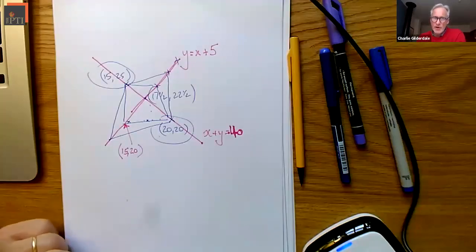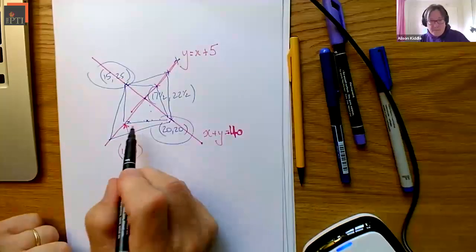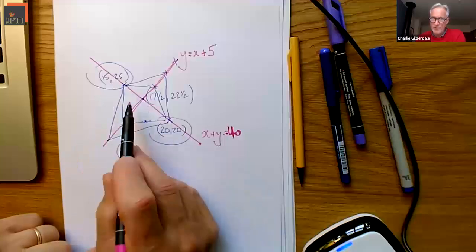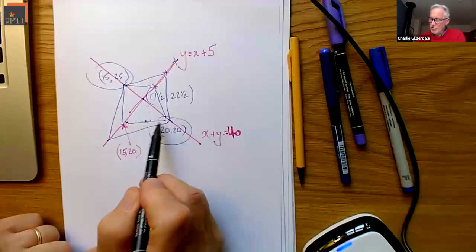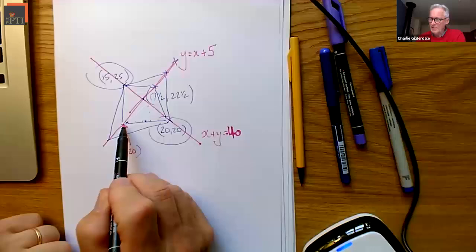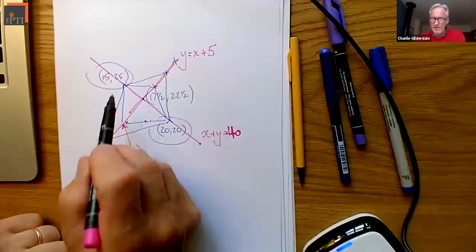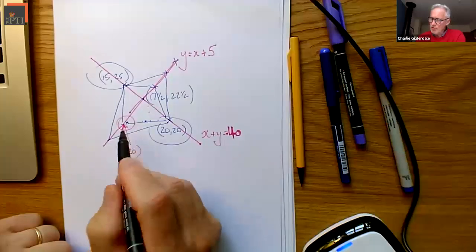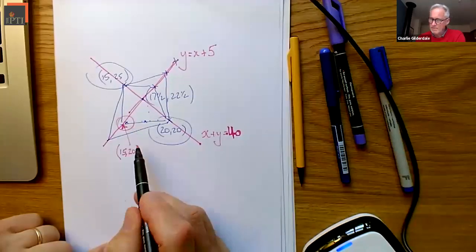Before we do that, Alison, when we were trying to picture where 15, 25 went, I think you talked about going across 5 to the left and then 5 up. And so we sort of knew the coordinates of this point over here.